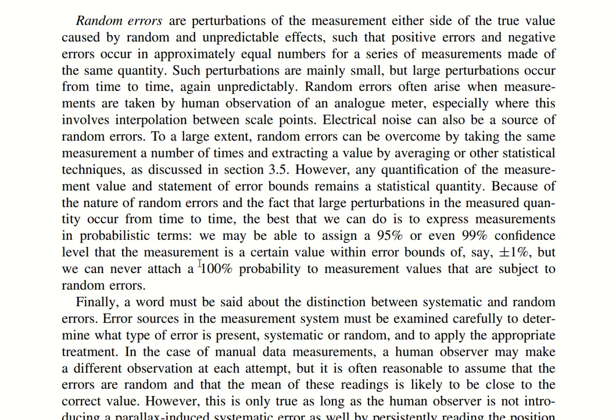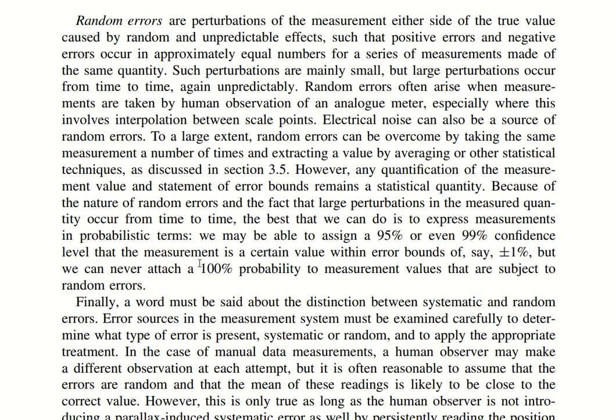But any quantification of the measurement value and statement of the error bound remains a statistical quantity, because of the nature of these random errors, the fact that large contributions in the measurement quantity occur from time to time. The best that we can do is to express the measurement in probabilistic terms, right?